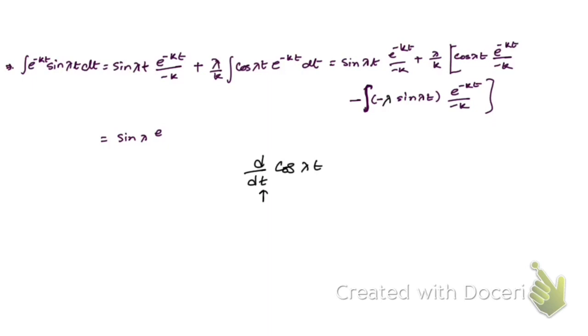In the previous slide I showed it, I think, with respect to lambda, so forget about that. So it should be minus lambda sine lambda t, right? That should be the result. That's why we have got this one. So hope you have understood this.